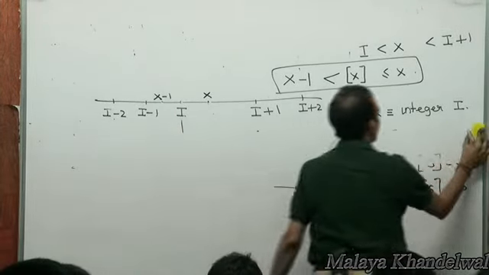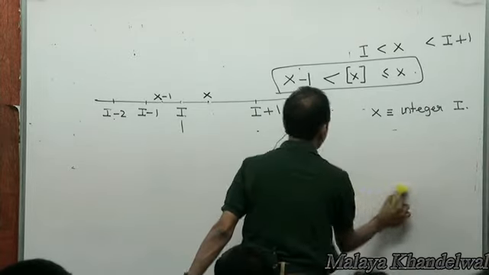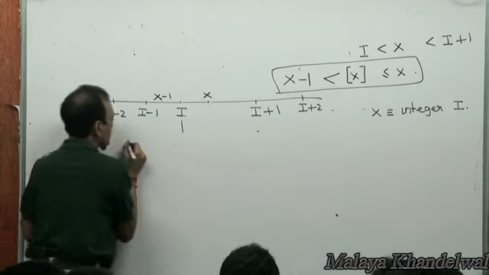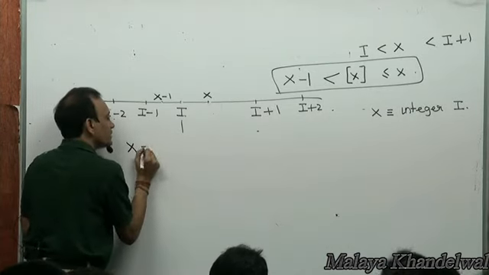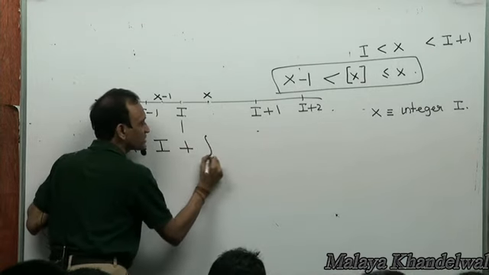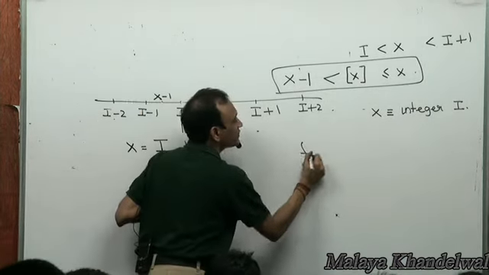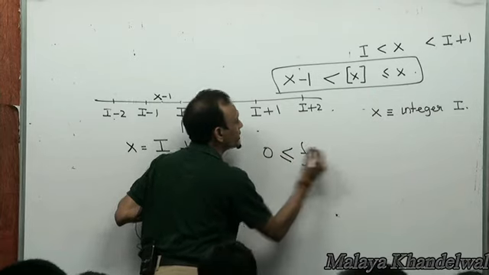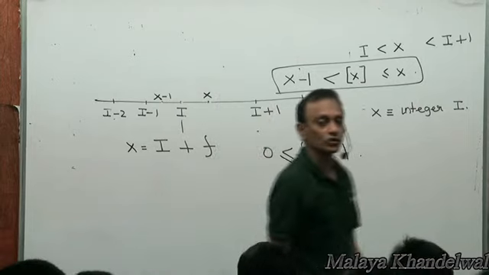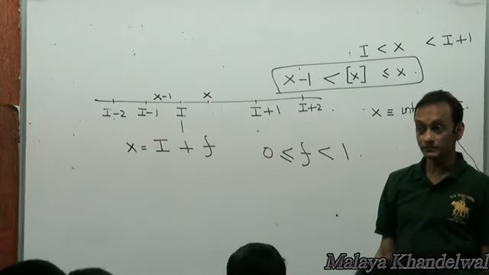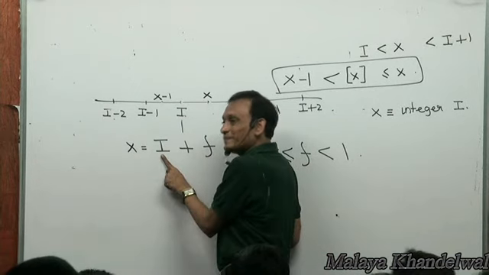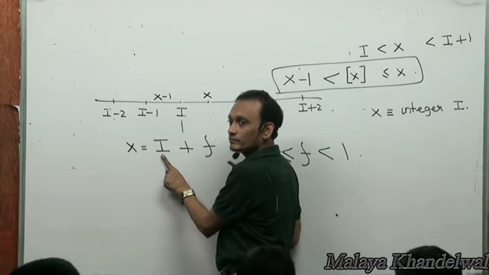Now, see, any real number, positive or negative, could be written as an integer plus a fraction f, where f is greater than or equal to 0 but less than 1. Yes or no? Then the integer to the immediate left of x will be I. Yes or no?